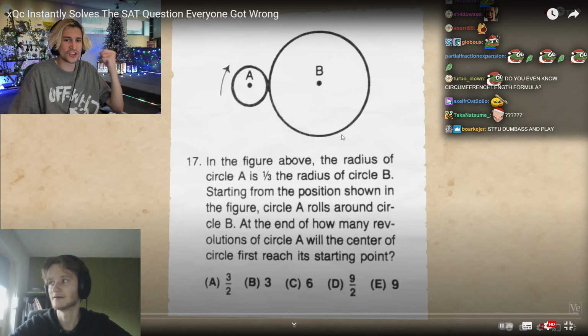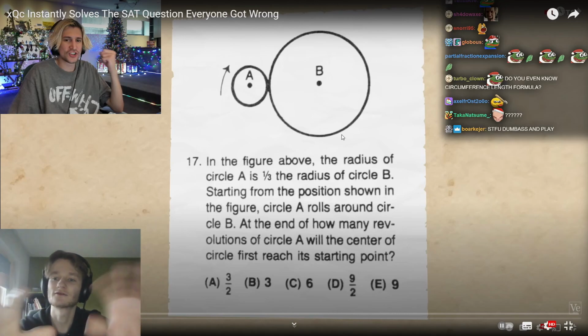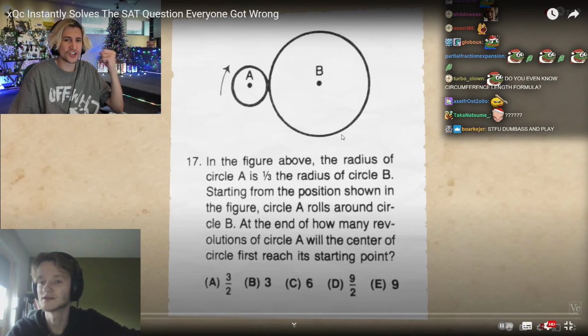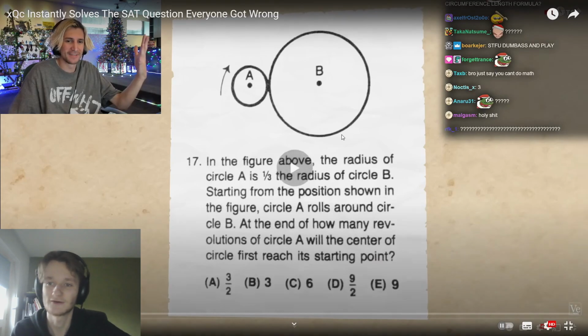So then it would be 9, because you get 1, 2, 3, 4, 5, 6, 7, 8, 9. Let me think. Because B is 3 times bigger, it would only make a third of B's whole radius. Maybe. Depends on if B is static or not.